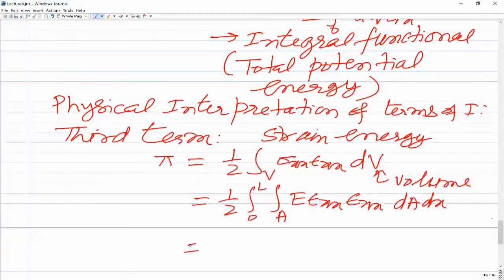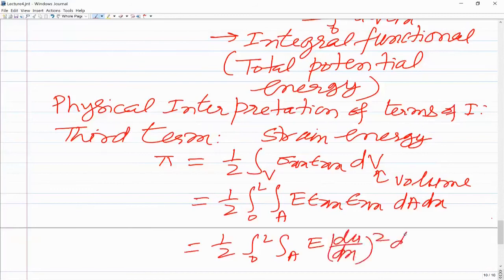This is equal to half integral 0 to L, integration over area. We know that epsilon xx is du by dx. We are taking a small deformation gradient, so strain can simply be written as du by dx. So this is epsilon xx squared, and you get E times du by dx whole squared dA dx.